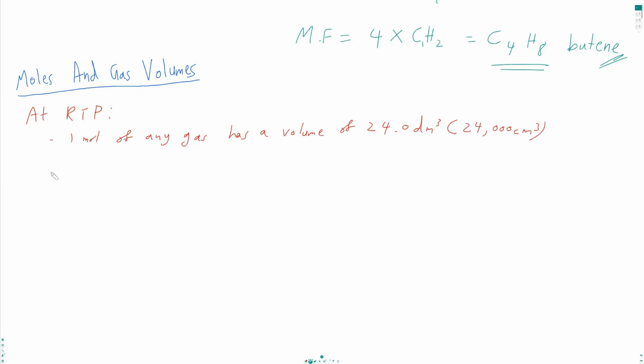And the volume per mole of gas is always equal to 24.0 dm cubed mol to the minus 1.